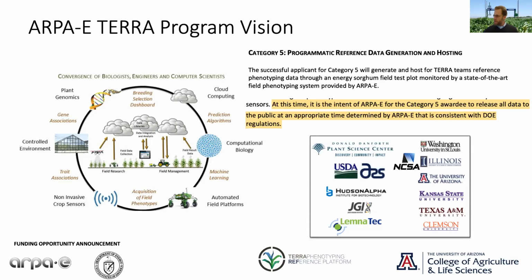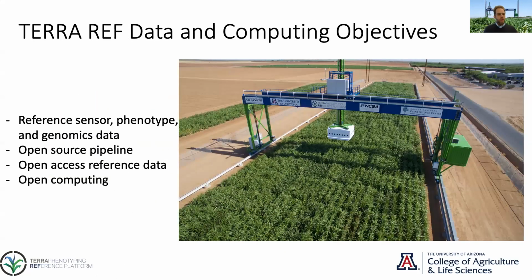And this just gives an idea of the size and complexity of the team, the number of people who have participated in this endeavor. There'll be an acknowledgement slide at the end. So our objectives were to generate reference sensor, phenotype, and genomics data, make it available, and at the same time develop an open source pipeline to take the data from raw all the way to the end.